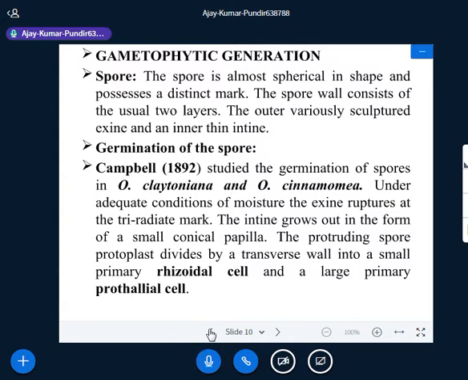Now the first prothallial cell undergoes various divisions and produces the whole prothallus of Osmunda. The germination of spores was well studied by Campbell in 1892.